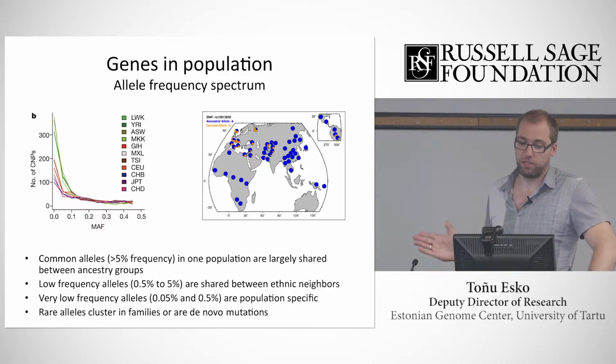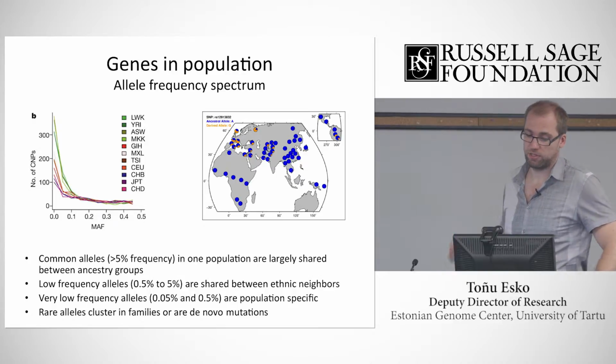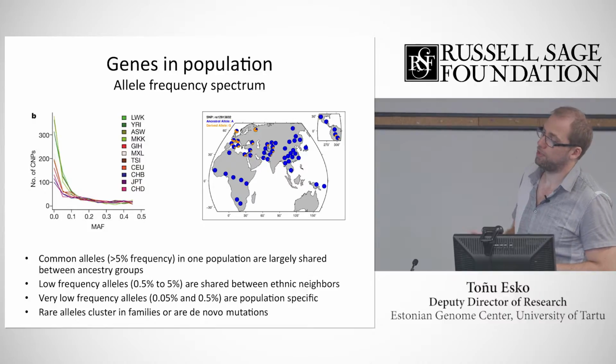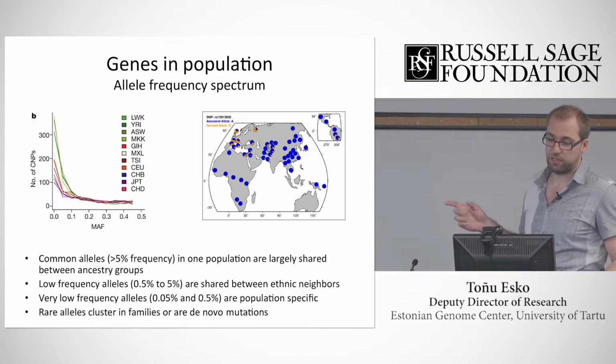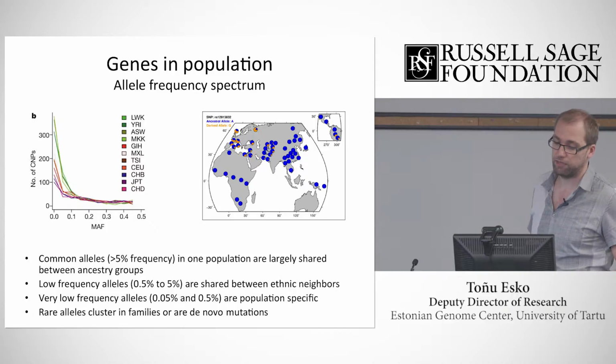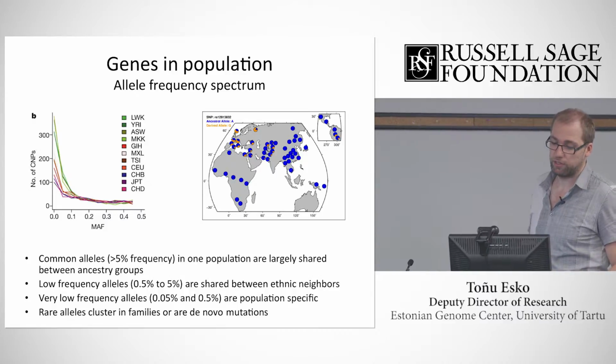But if we now move to lower frequency, to 10%, so 0.1 and below, then you see that the number of variants that are only present in one single population increases dramatically.